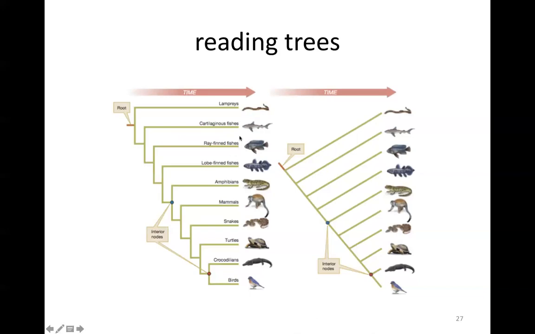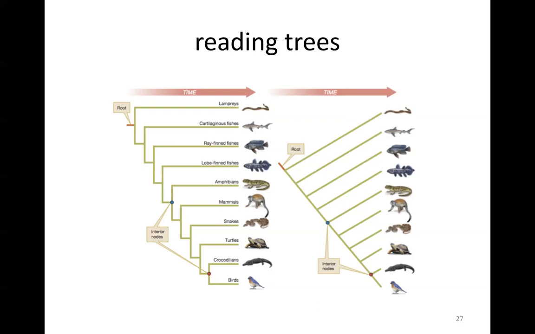All these others could be an outgroup to tetrapods, right? Because, for instance, this lineage, lobefin fishes, are equally distant to all tetrapods. They are not closer to amphibians. Their common ancestor with all these groups is here, lobefin fishes and tetrapods. So lobefin fishes are not any closer to amphibians than to birds, and they could be an outgroup.